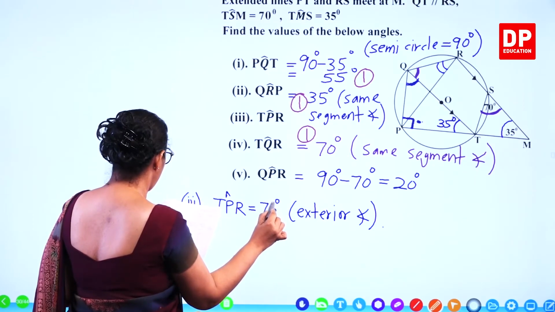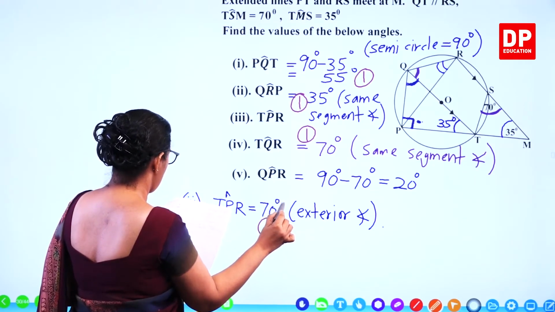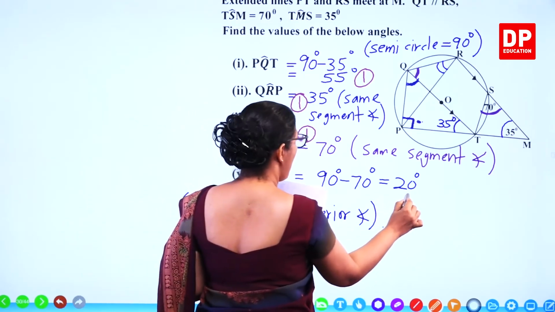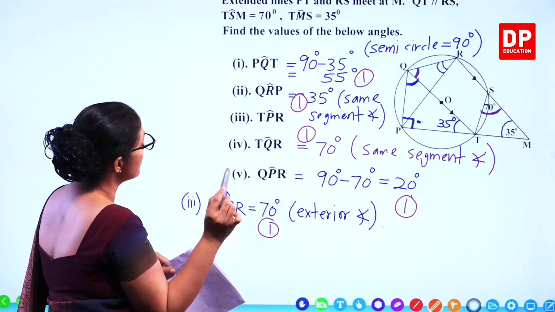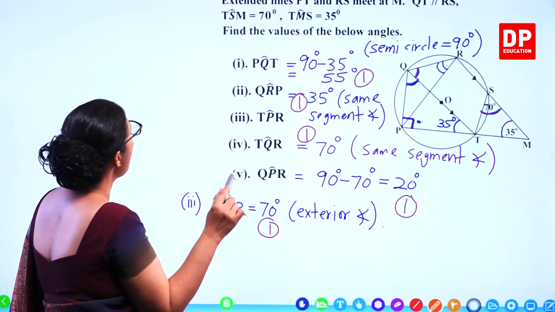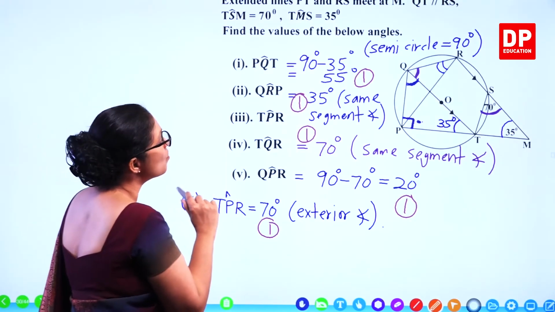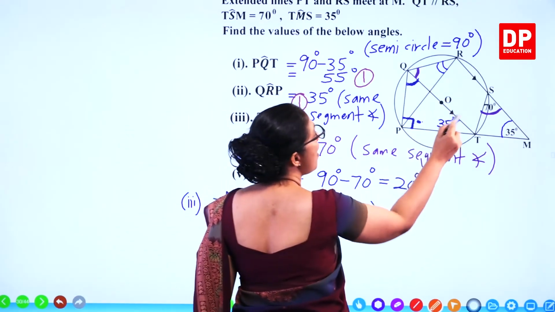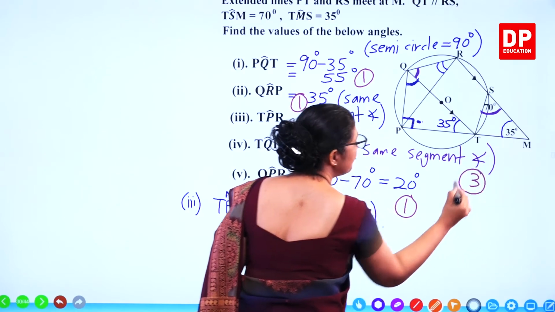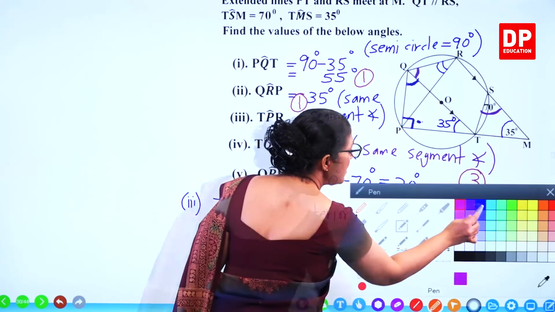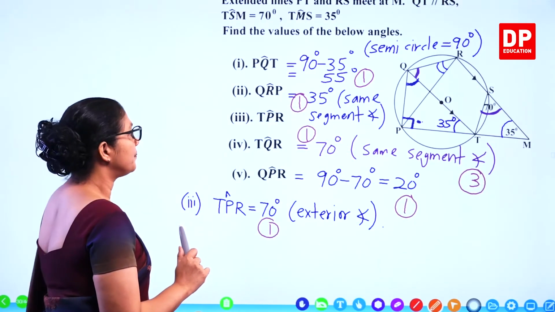And 20, 1 mark. And for the picture, you are getting 3 marks. 1, 2, 3, 4, 5. And we gave 2, 7 and 3 marks for marking all these angles. So altogether 10 marks for the whole question.